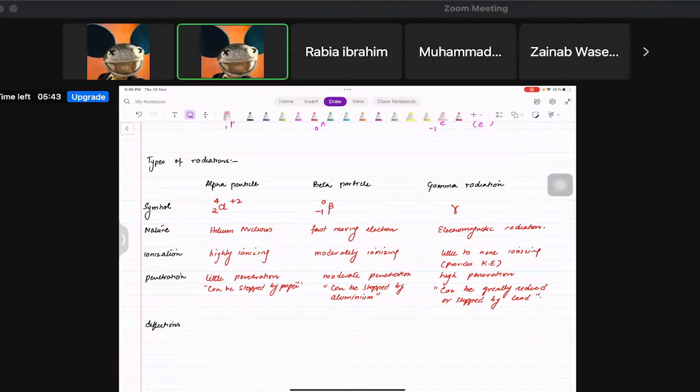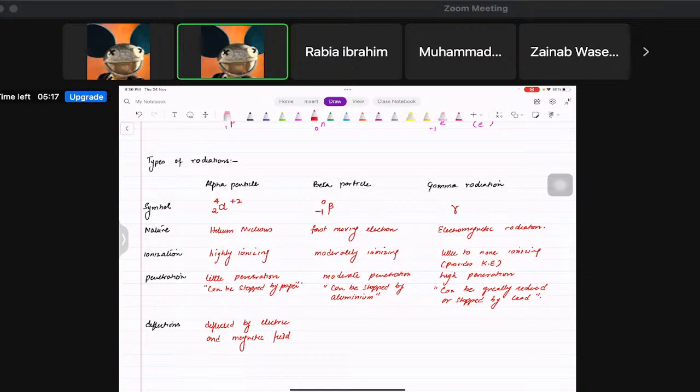Then deflections. Because alpha and beta are particles, alpha is deflected by electric and magnetic field. And of course you can use the left hand rule in magnetic field and plus minus sign to see where it will be deflected.